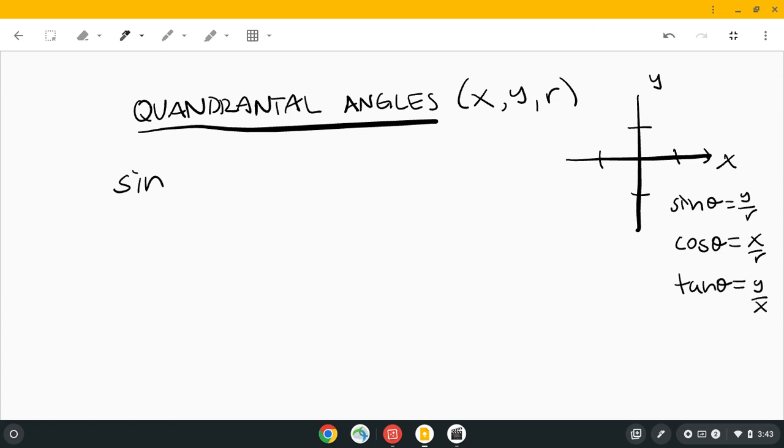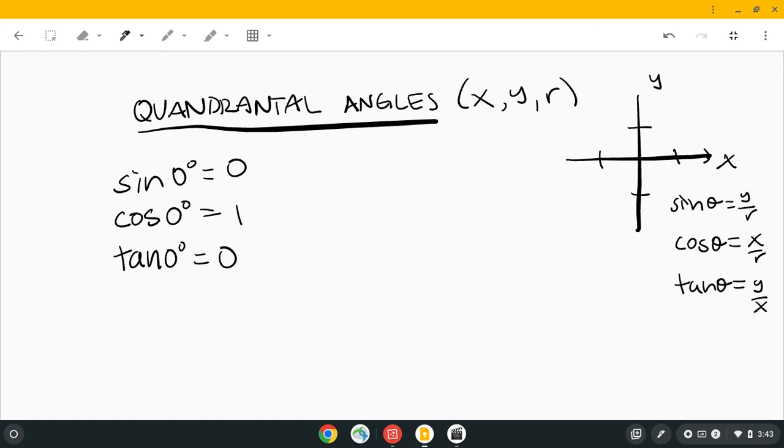So here if we do sine of 0, cosine 0, tangent 0, sine are the y values. So at 0 degrees, right here, the y value is 0. Cosine are the x values. The x value here at 0 is 1. And tangent is just y over x, so 0 over 1, which is 0.